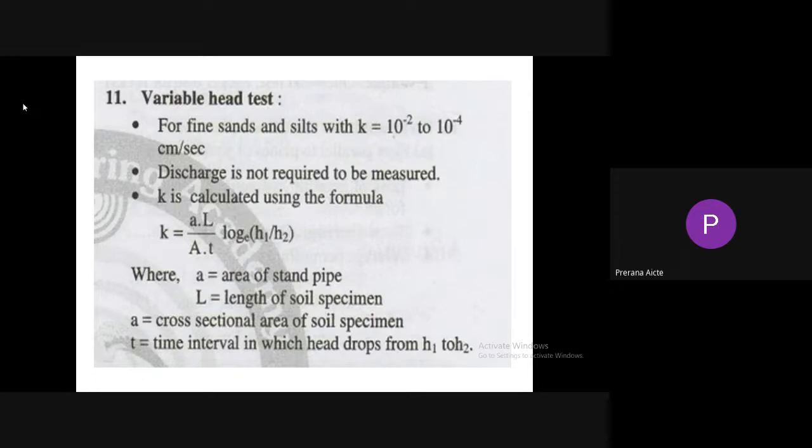K is calculated using the formula K equals aL by At log e H1 by H2, or K equals 2.303 aL by At log 10 H1 by H2. Small a is the area of the standpipe, L is the length of the soil specimen, A is the cross section area of the soil specimen, and t is the time interval in which the head drops from H1 to H2.